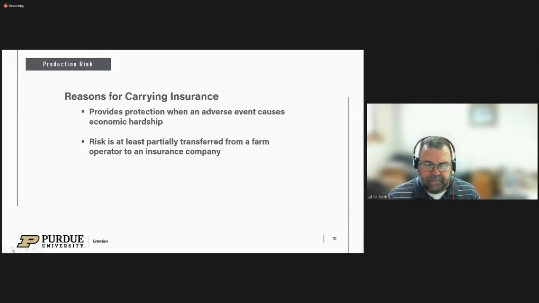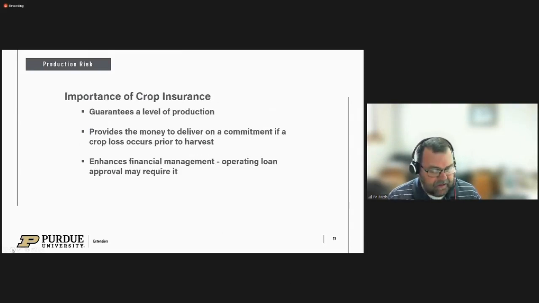And so looking at the importance of crop insurance, we mentioned there's all types of insurance that will help a farmer, but it does guarantee a level of production, provides the money to deliver on a commitment, and it essentially removes the risk associated with forward pricing or selling products that are yet to be produced.